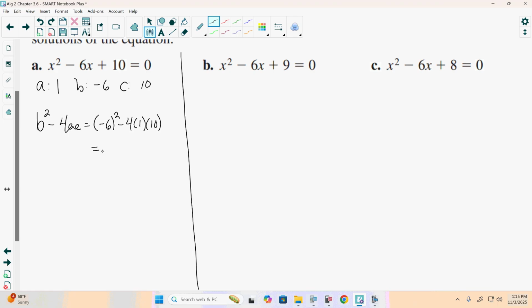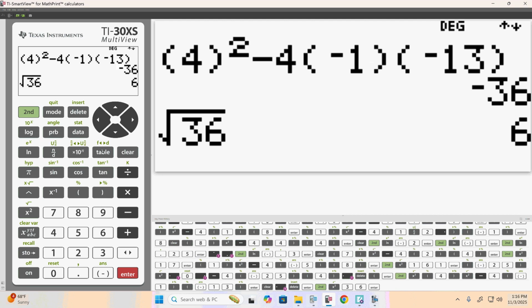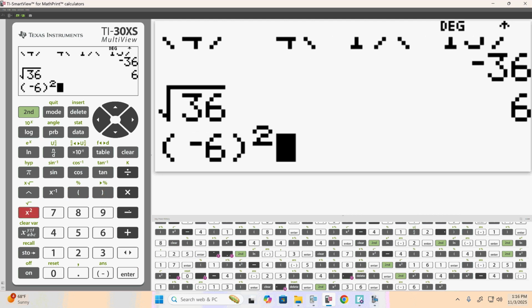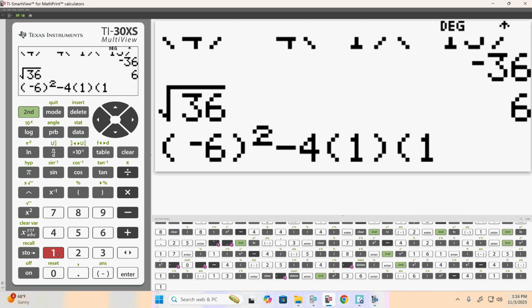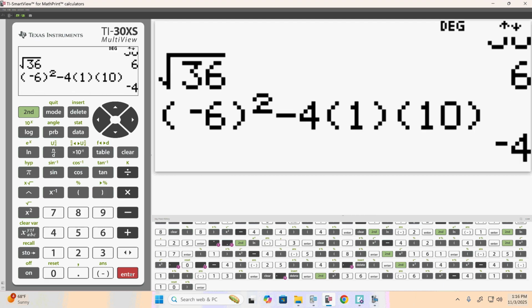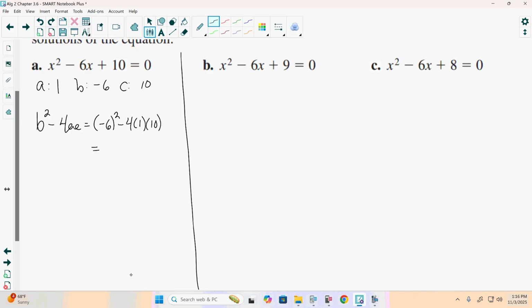Well, b is negative 6, a is 1, c is 10. So we're going to say negative 6 squared minus 4 times 1 times 10. And it tells us it is negative 4.